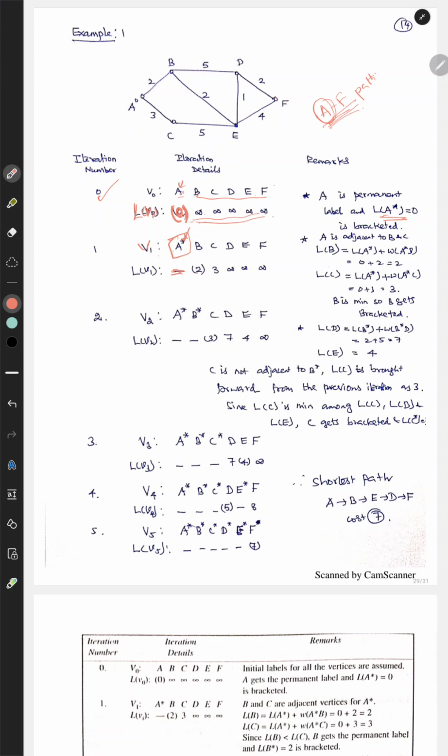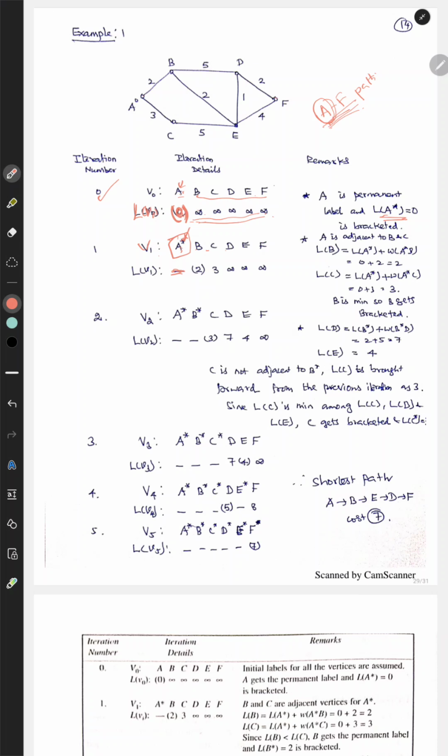So your V1 now contains B, C, D, E, F only, right? The removed vertex from the previous stage is A. Now for the vertex removed from the previous stage, you will find the edge weight from that vertex to the remaining vertices.